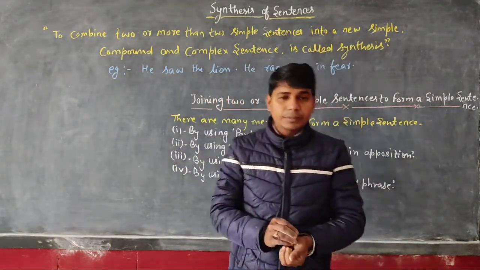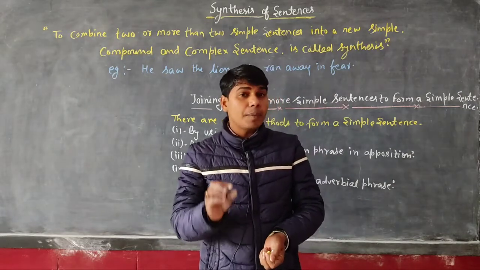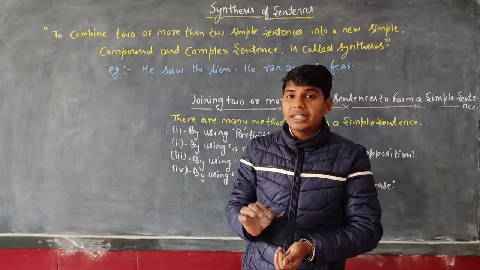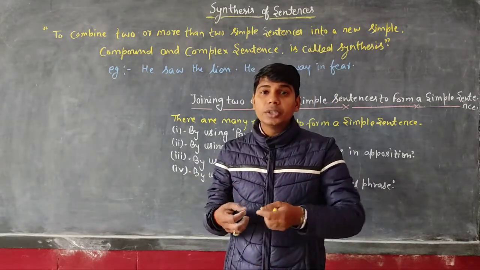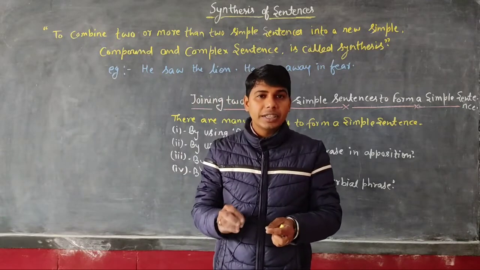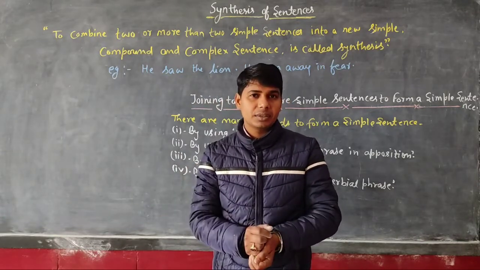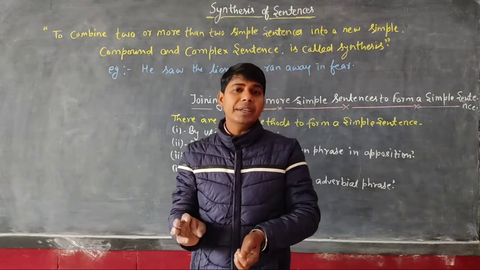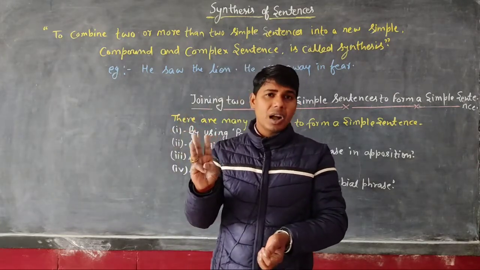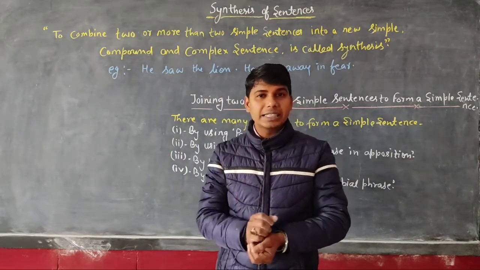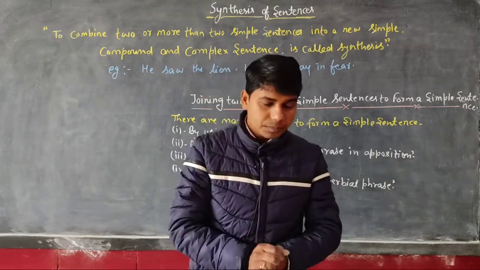I mean to say, synthesis is a process in which we join two or more than two sentences into a new sentence. And the new sentence may be either a simple sentence, a compound sentence, or a complex sentence. Is that clear?